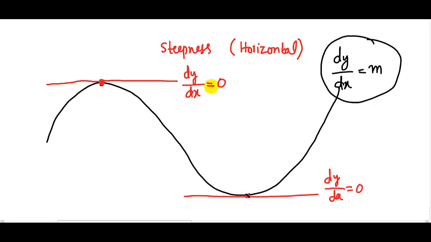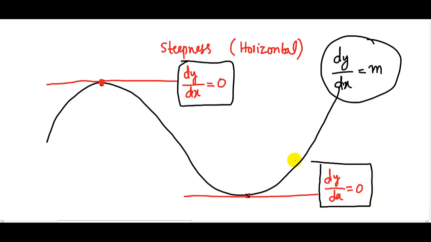When the line is horizontal, the gradient is 0. It means the derivative will be 0. So whenever the tangent line is horizontal, the derivative is always 0, because the gradient is 0. I hope you understand now. Just remember, at the turning point the gradient is 0, the derivative will be 0. So to find the turning point we will make this gradient equal to 0.